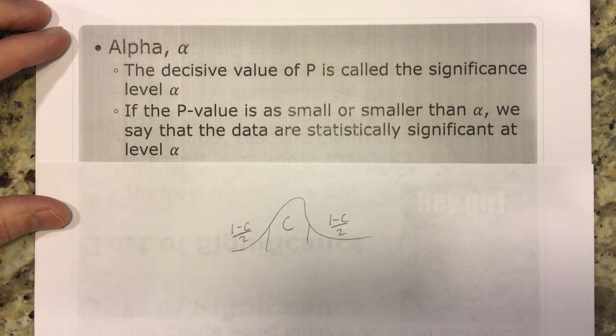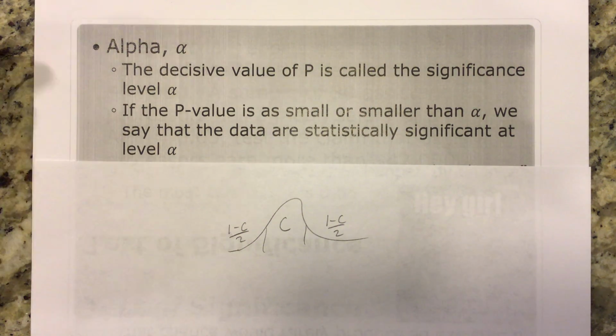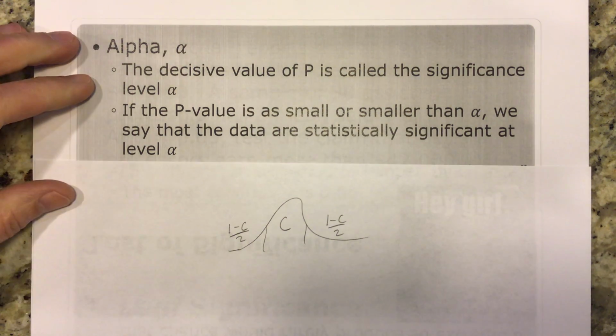So basically what we do is we do our calculation, we get our p-value, and we compare it to alpha. It's that simple. When our p-value is less than alpha, we say, that was rare, very rare. It's statistically significant. It's rare enough to refute or overturn or reject the null hypothesis in favor of the alternative.